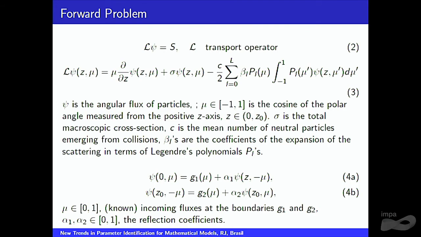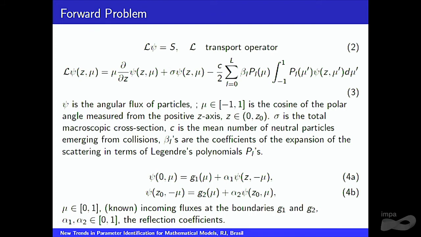So first, the forward problem now for the one-dimensional case, a simplified form of the equation I had before, and here the scattering function is already expanded in terms of Legendre polynomials. The problem is simpler than the one that I presented before, but again I have here the angular flux of particles. This is the cosine of the polar angle related to the direction of the particles.